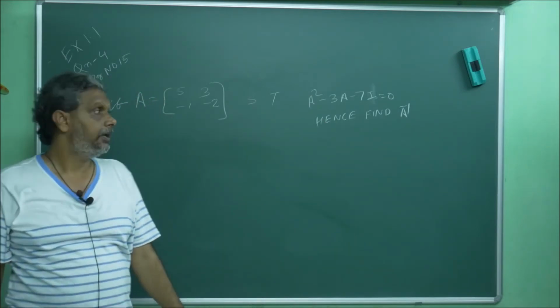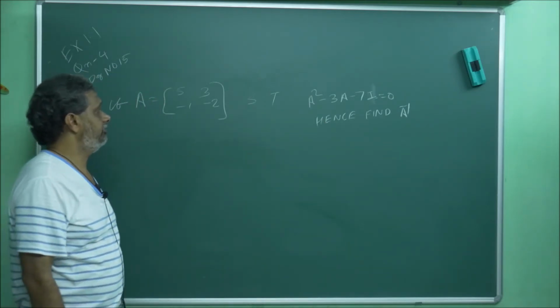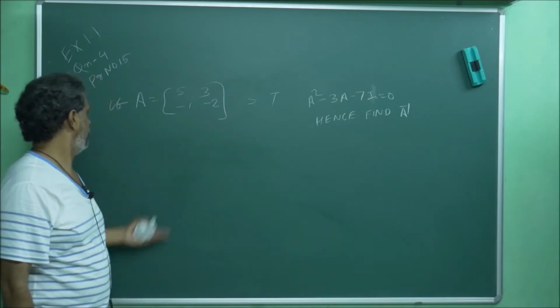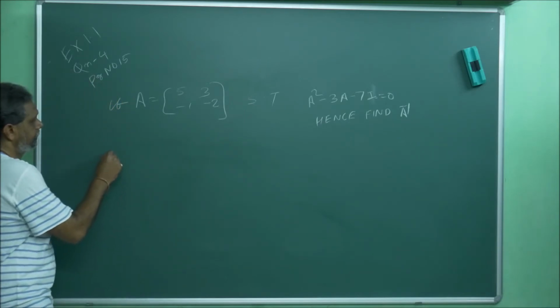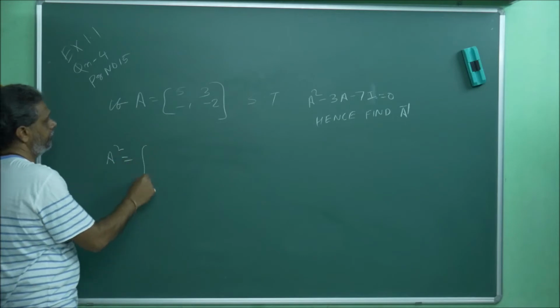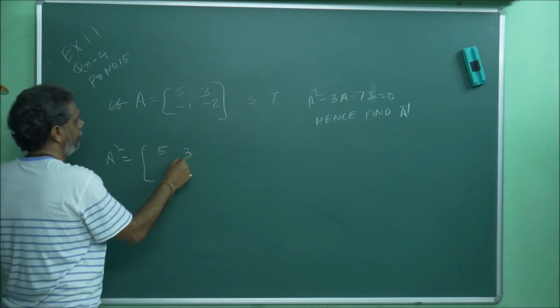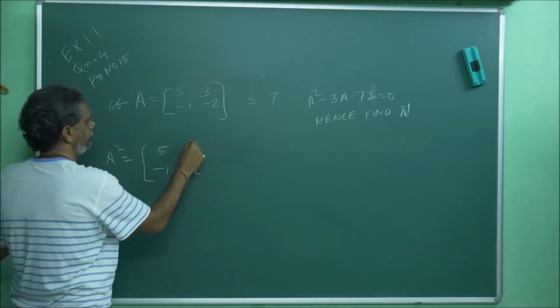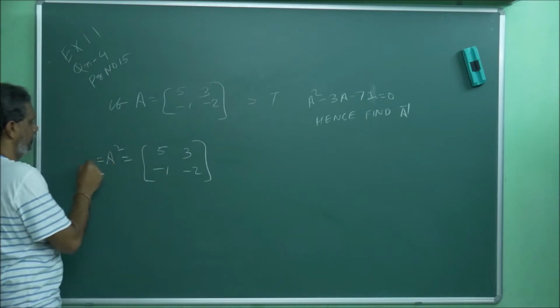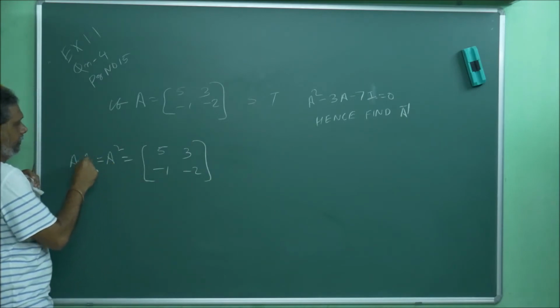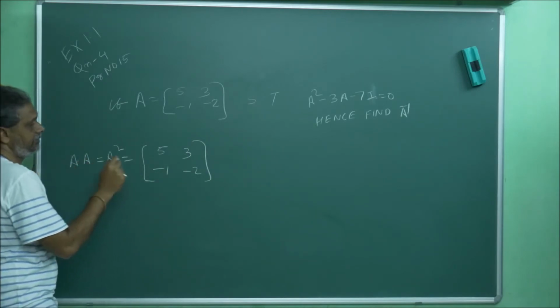Now my aim is to find A square. How will you write A square? A into A, nothing but A square.